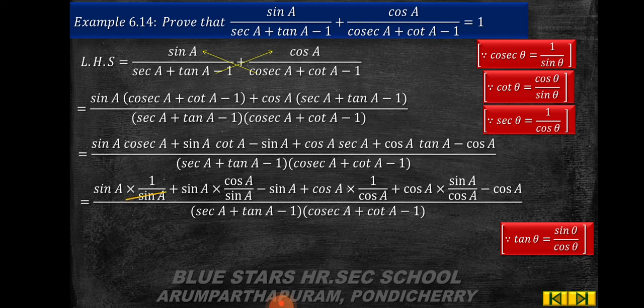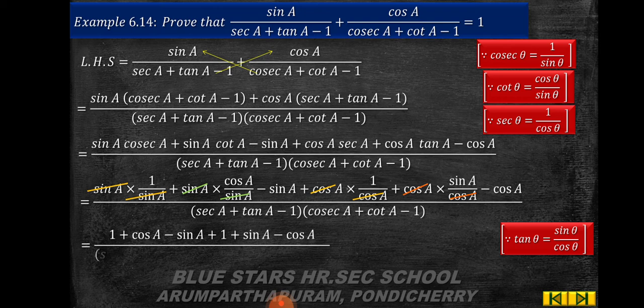So sin A gets cancelled. In the second term also sin A gets cancelled. In the third term cos A gets cancelled. And in the fourth term cos A gets cancelled. So you get the remaining numerator as 1 plus cos A minus sin A plus 1 plus sin A minus cos A, divided by secant A plus tan A minus 1 into cosecant A plus cot A minus 1.